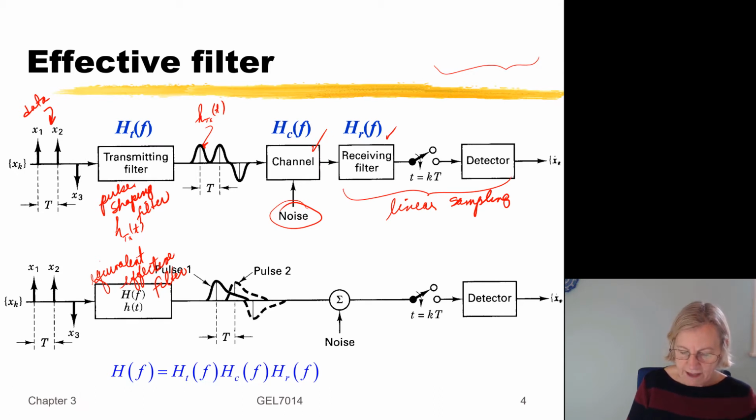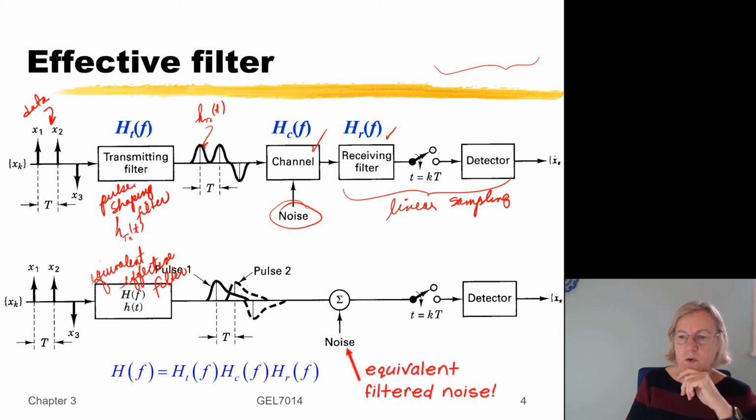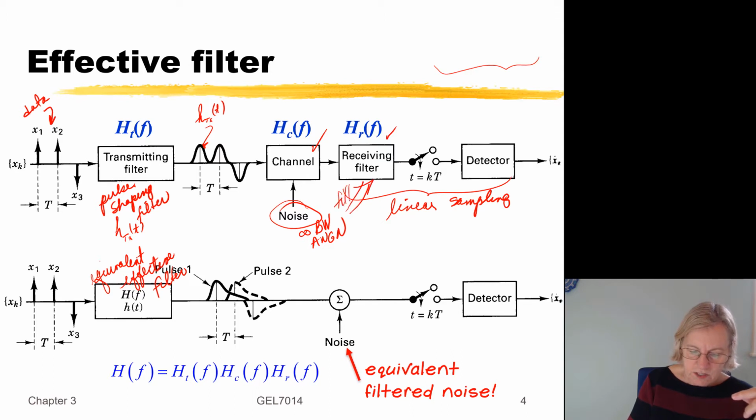I will give you one caveat, though, which is to be careful with this noise, because there is a difference between these two noises. This one here has infinite bandwidth. It is the ideal additive white Gaussian noise. And of course, that Gaussian noise with infinite power is going to be filtered here, so that when it comes into the decision statistic, the contribution of noise has some reasonable power.